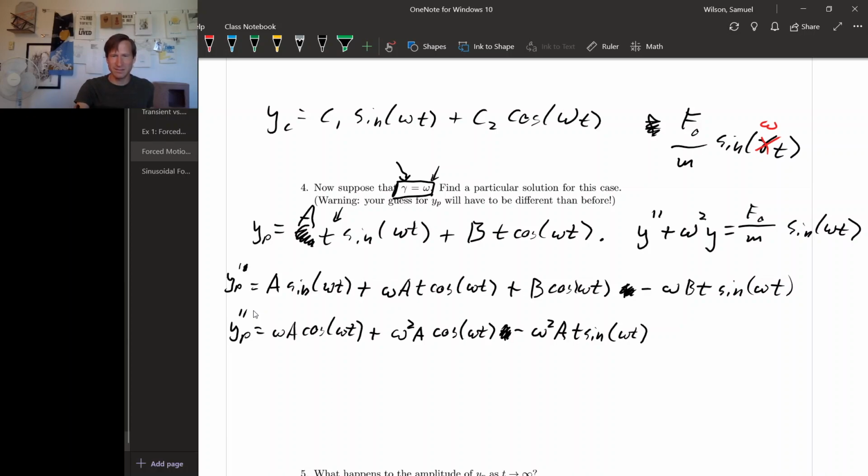Okay, and this squared shouldn't be here. This term came from differentiating the t in here, and so there's no extra factor of omega. So this omega should be to the first power.